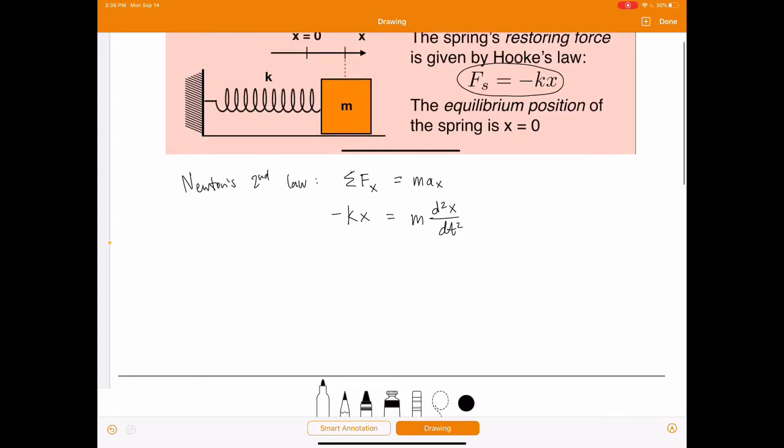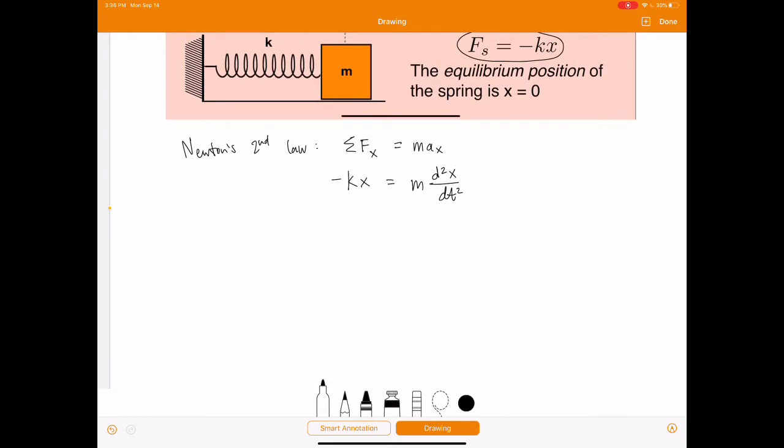Next thing I can do is rearrange the equation. I want to take that negative term to the other side, and I'm going to divide through on both sides by m. So I'm going to be left with the second derivative of x with respect to time plus k over m times x equals 0.